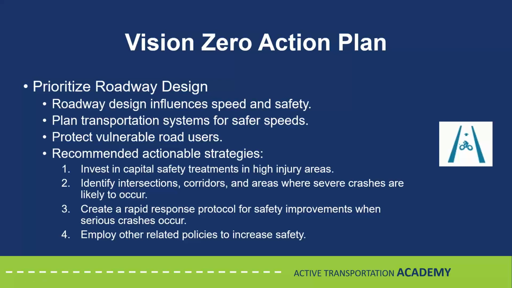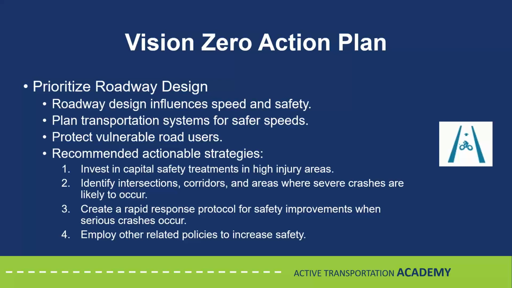Some recommended strategies include investing in capital safety treatments in high injury areas and prioritizing improvements in communities of concern. Those are the communities that have experienced historic disinvestment. While waiting to fund those large capital improvements, you can consider low-cost near-term safety treatments such as painted corner sidewalk extensions and paint and post-protected bike lanes.